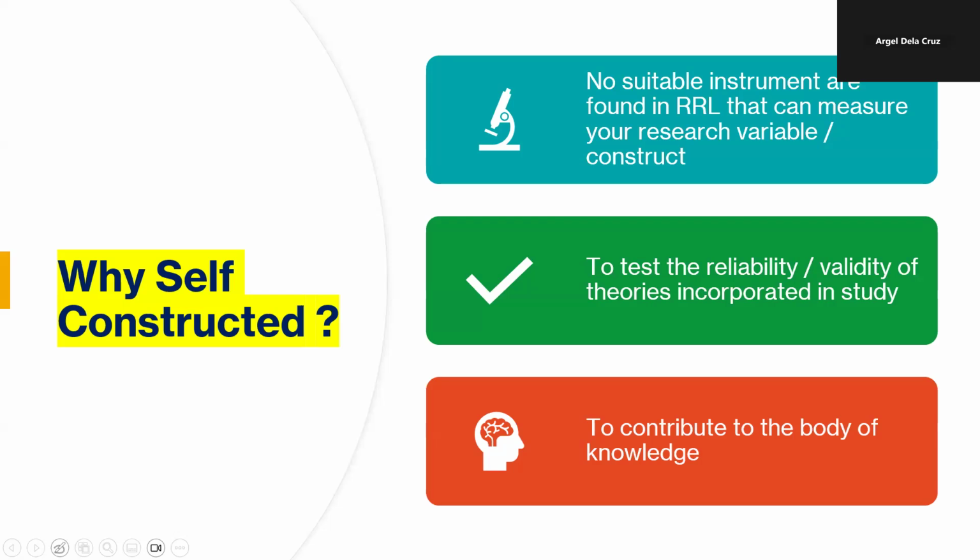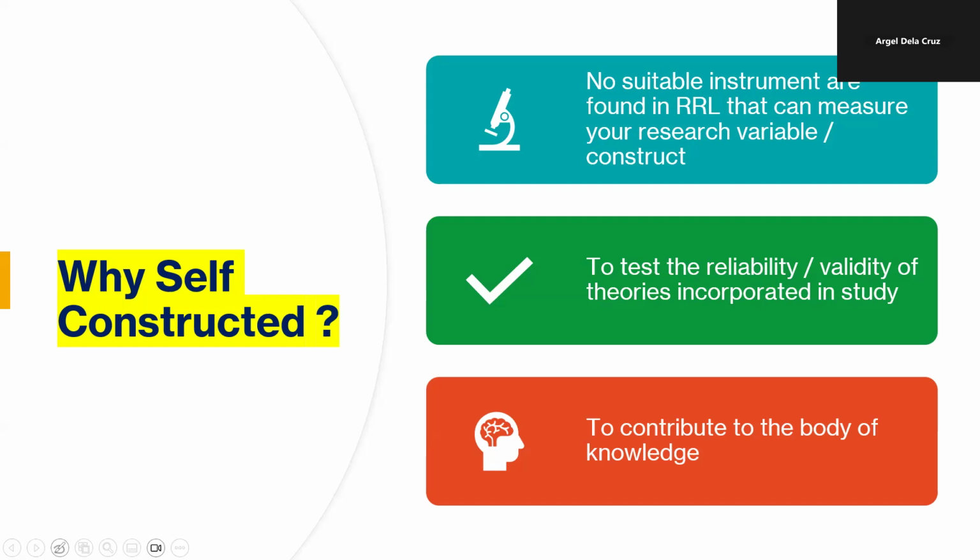But that's impossible because there are so many measurements for happiness. So you don't need to create another measurement for happiness. You don't need to reinvent the wheel. You just have to use whatever technology is available and improve upon it. That is how science and research work.